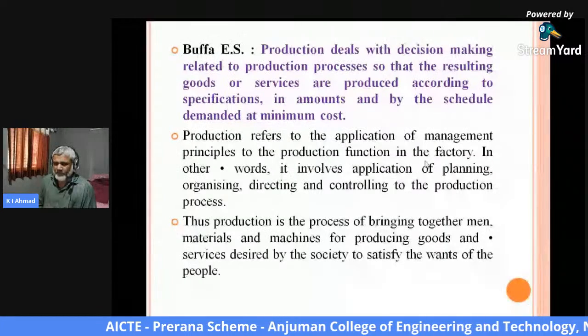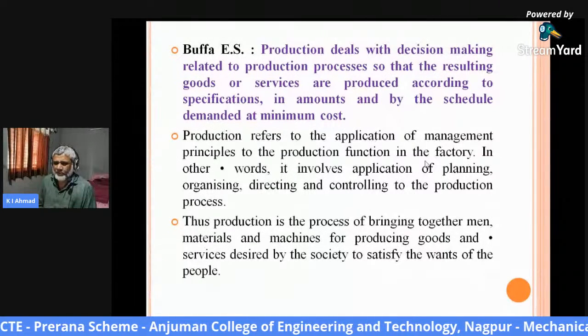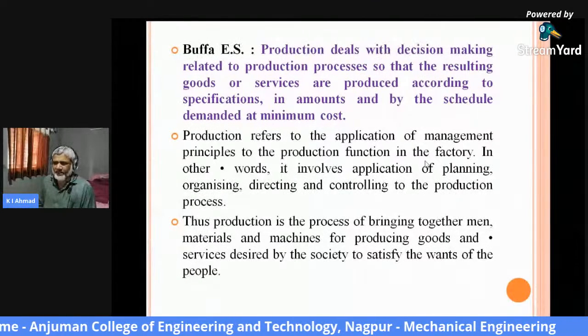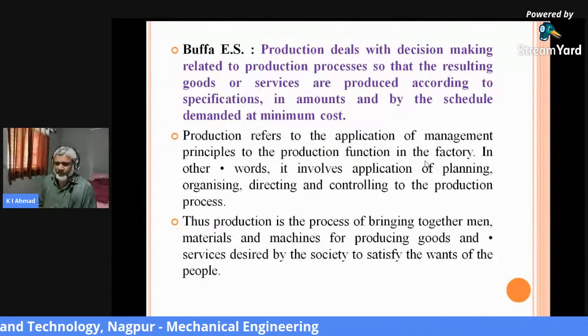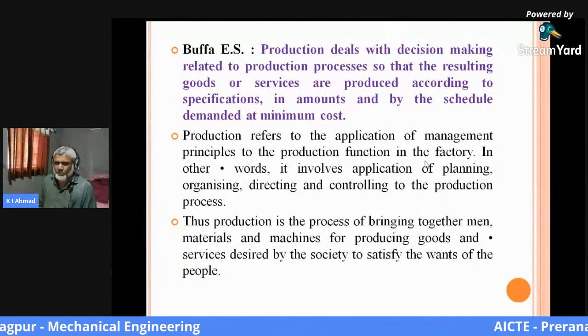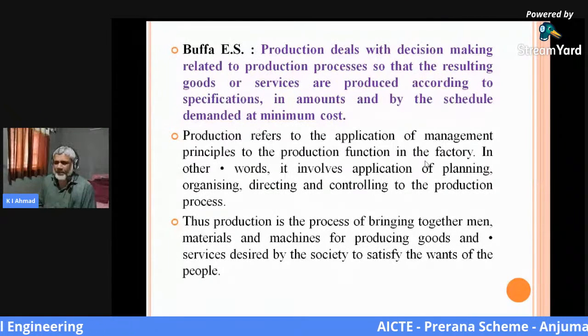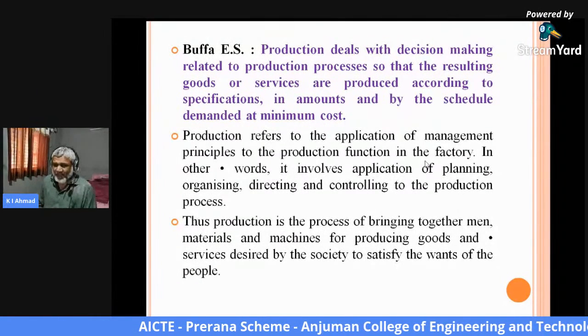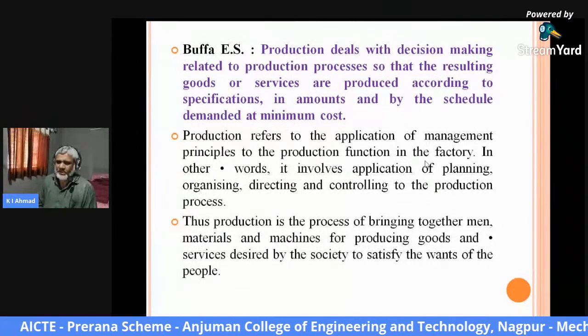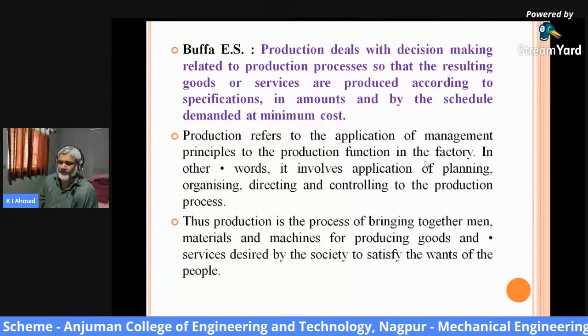In other words, it involves application of planning, organizing, directing, and then controlling the process. Thus, production is the process of bringing together men, material, and machine for producing goods and services desired by the society to satisfy the wants of the people.